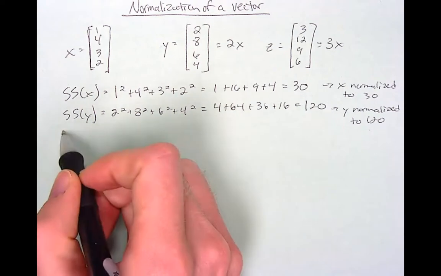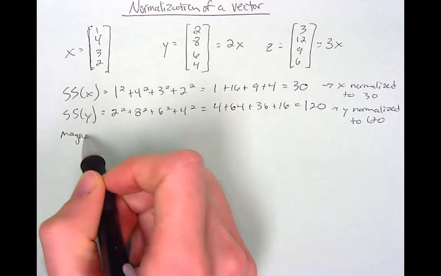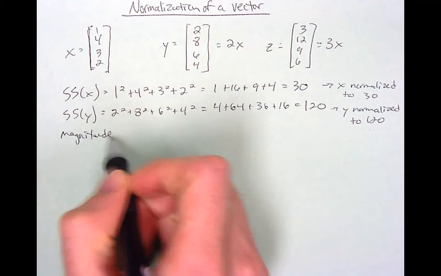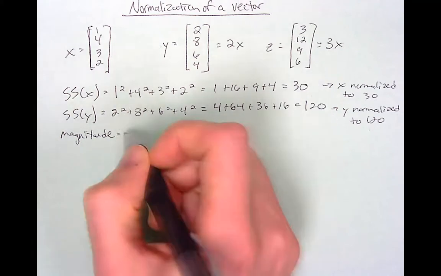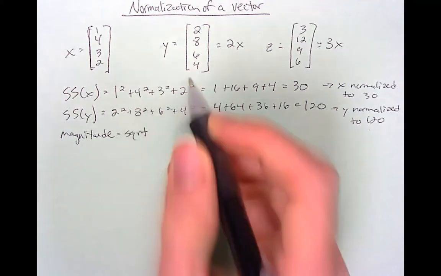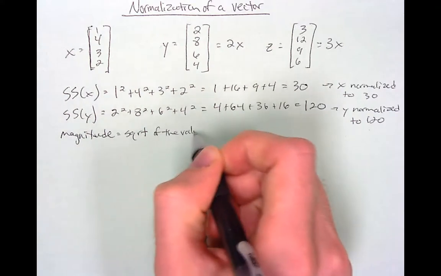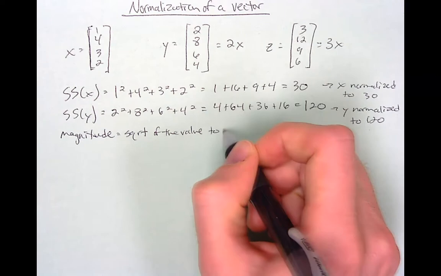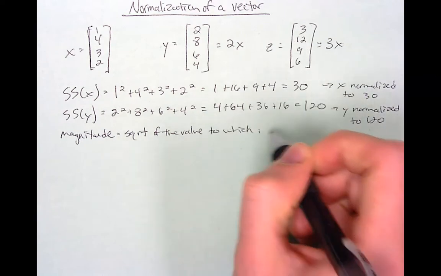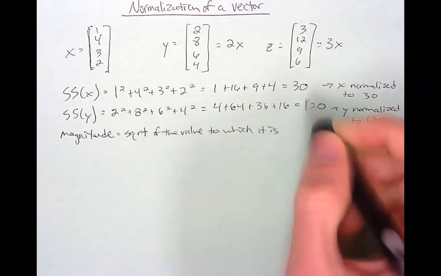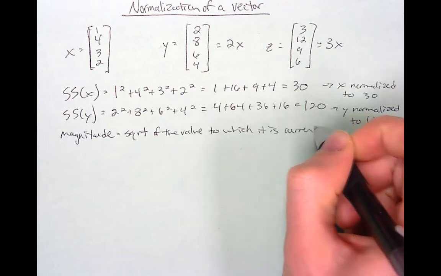So the magnitude is the square root of the value to which it is currently normalized.